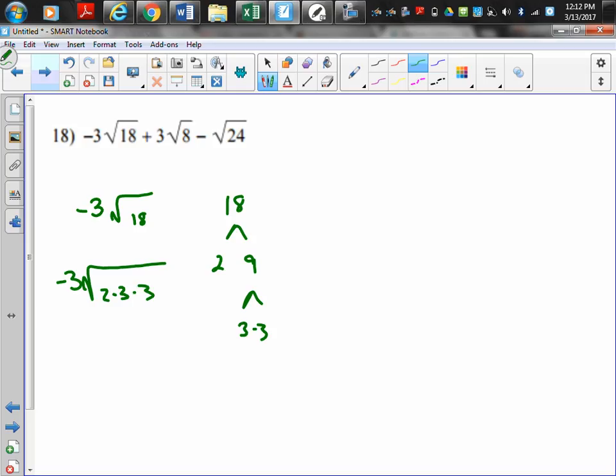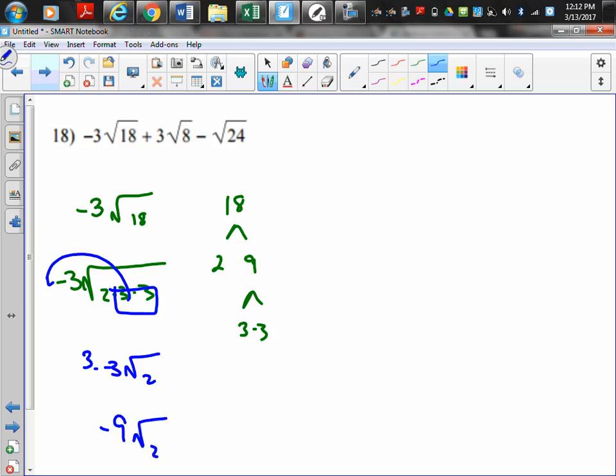Do I have a pair? Yes. So this comes outside my radical: 3 times negative 3, square root of 2. 3 times negative 3 is negative 9, so I have negative 9 square root of 2.